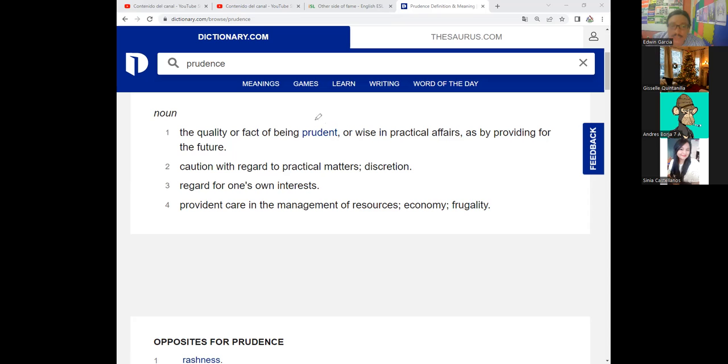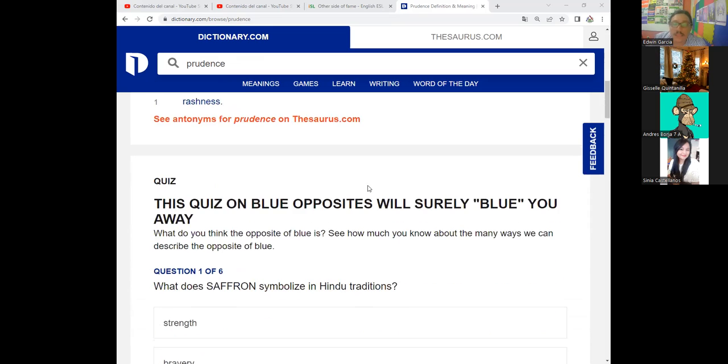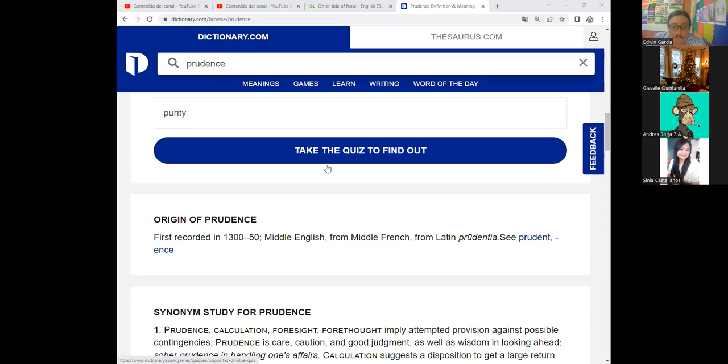It's like an adjective, but in this case it is the noun. We are talking about prudence. Or maybe it can be wise in practical affairs. Well, this is the definition. Number one, caution with regard to practical matters, like discretion. Okay, but in this case, I want to go to the origin of the word.